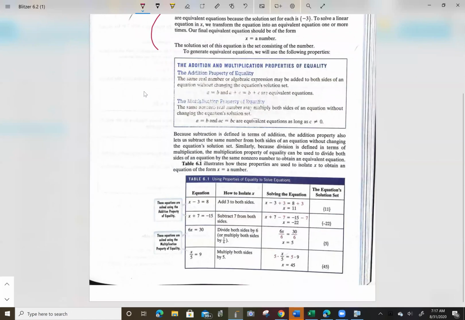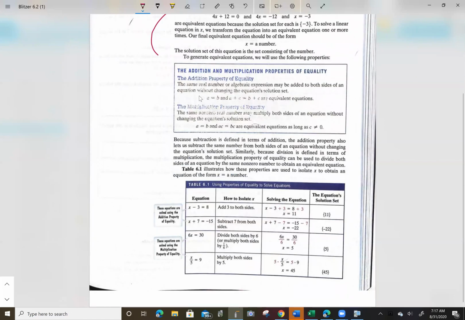The addition and multiplication properties, we don't really need to get into that right now. But all it's saying is if A and B are the same and you multiply them by a different number or add them to the same number, you're going to get the same answer. So if A is 5 and B is also 5, then A plus 6 is equal to B plus 6, right?